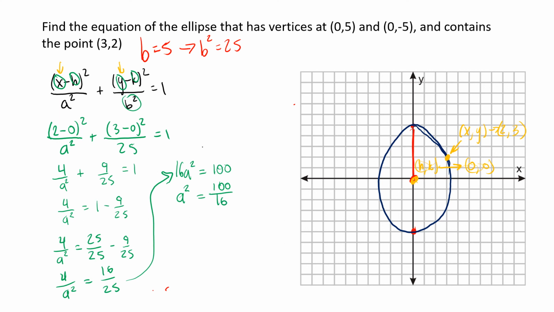The greatest common multiple between 100 and 16 is 4. So this is like 4 times 25 and 4 times 4. Okay, so the 4's will cancel. So we say that a squared is equal to 25/4. That's all we need. We don't really care about a itself. If we did, we could square root this and get that a was 5/2. But we don't really care about a.